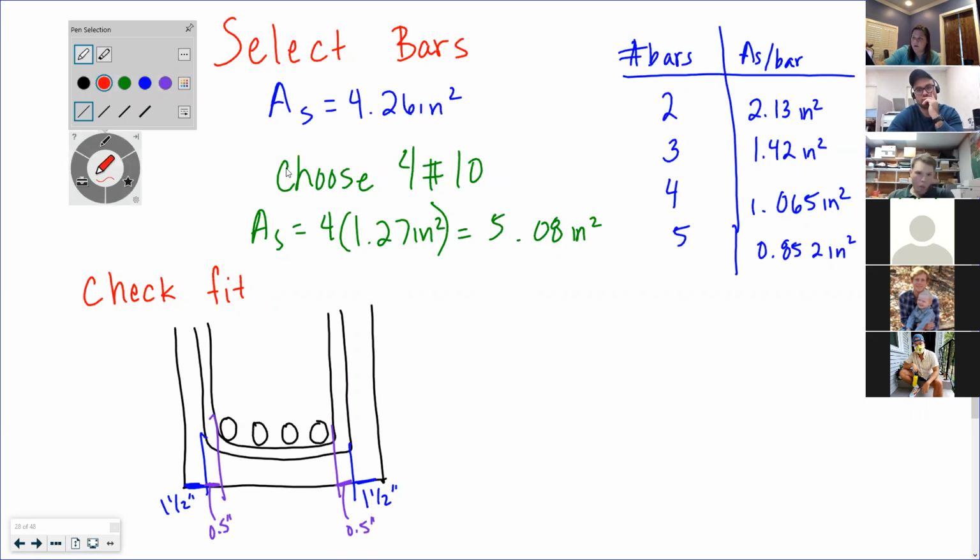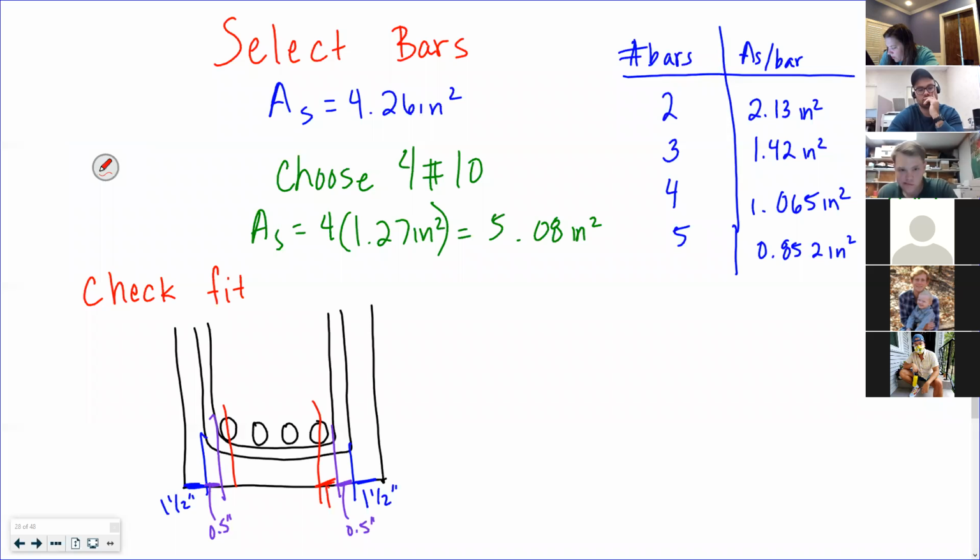The inside bend diameter is an inch because it's 2 times my stirrup.